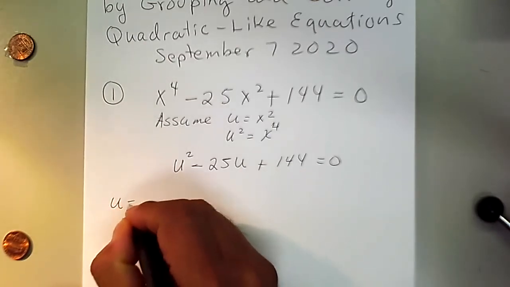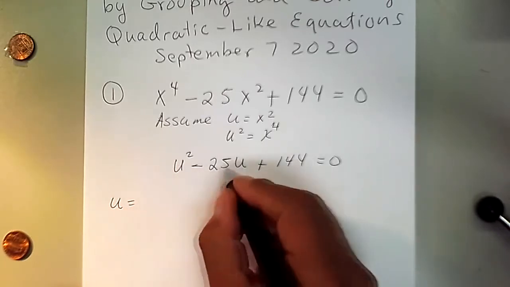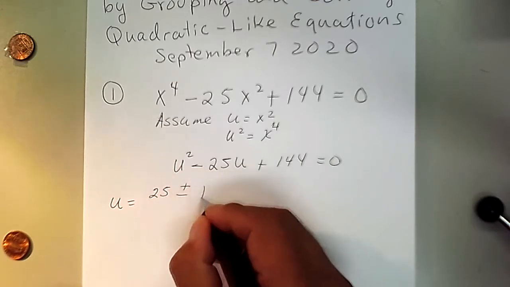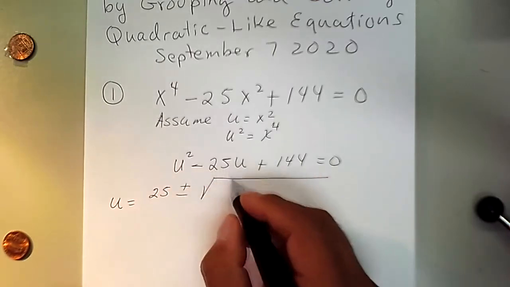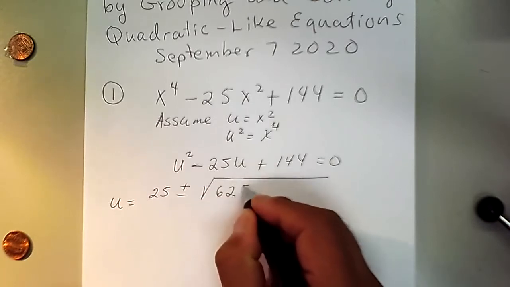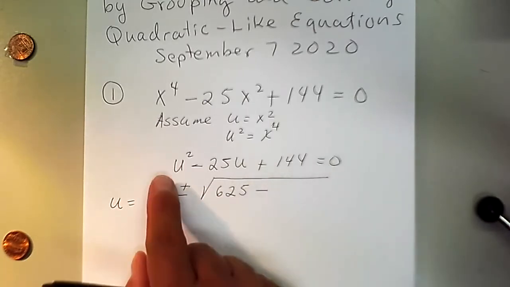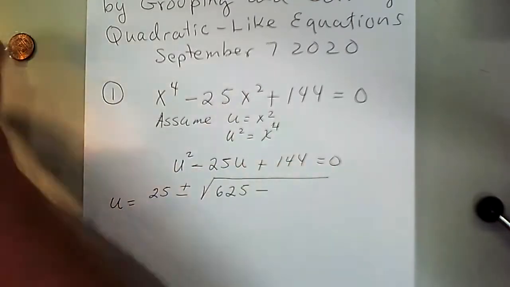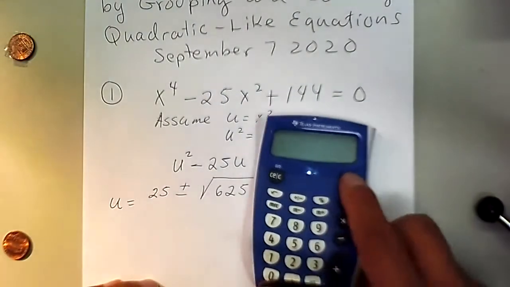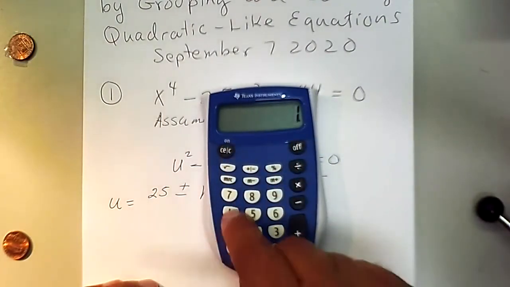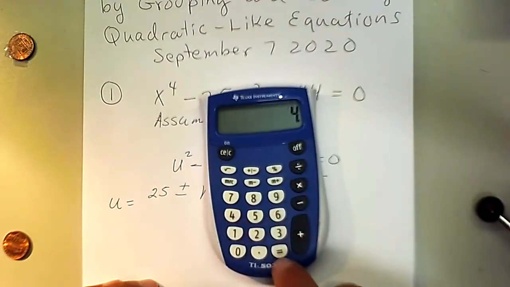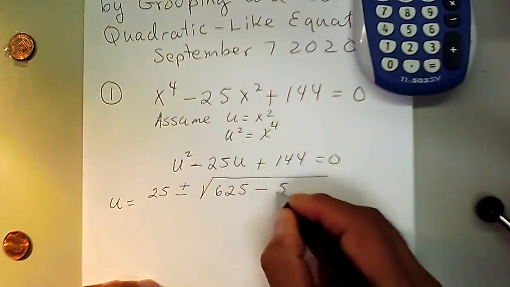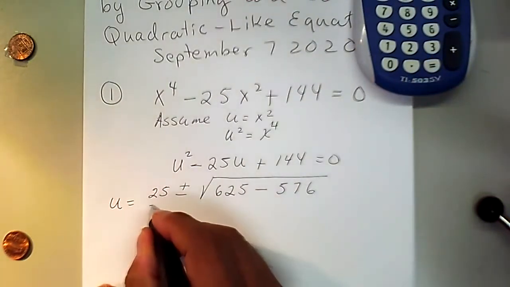So u would be the opposite of negative 25, which would be just 25, plus or minus the square root. 25 squared is 625, if I'm not mistaken. And then we subtract 4 times ac. So we need to figure out 4 times 144. 144 times 4 is 576. And then we divide by 2.